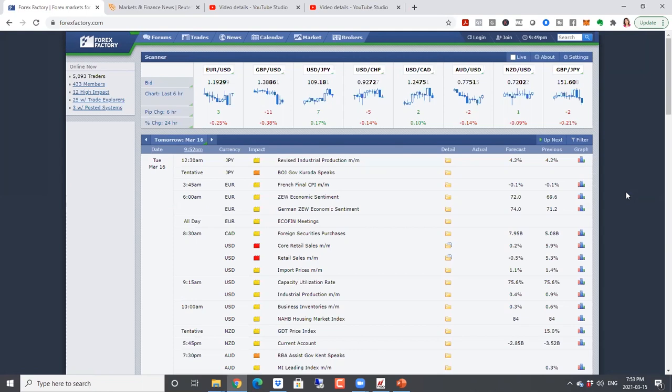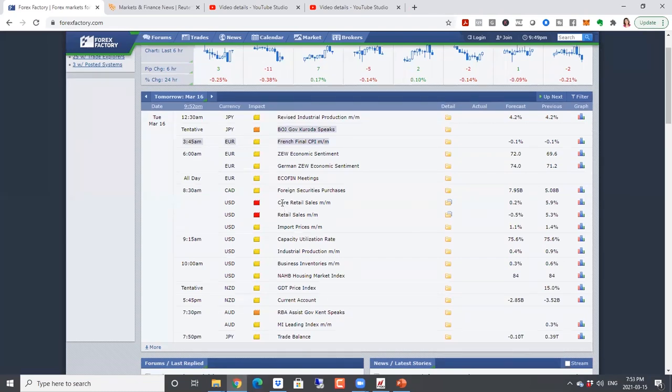In terms of the news that's coming up, we do have Bank of Japan Governor Kuroda speaking. In the New York session, actually prior to that, we have ZEW economic sentiment and German ZEW economic sentiment. It is expected to be better than the previous number. So if that comes in line with expectations, that should be good for euro.